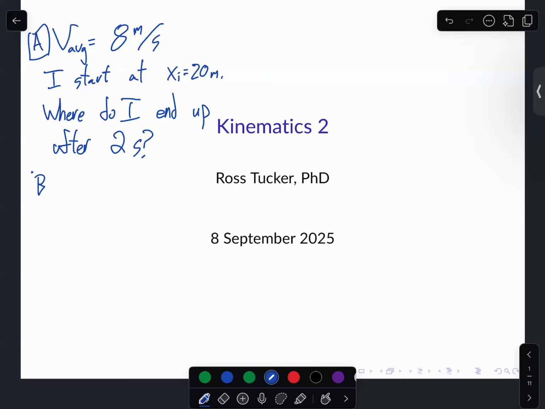Question B is, what was the next one? Initial velocity equals 12 meters per second. The final velocity equals 4 meters per second. Which direction am I moving in?